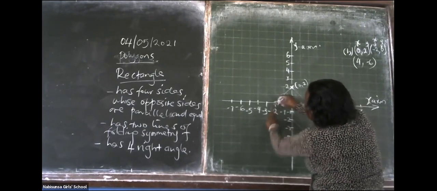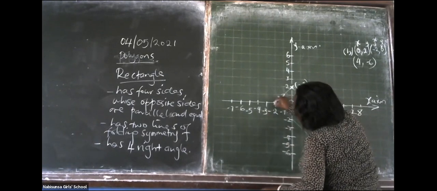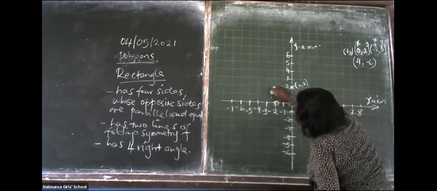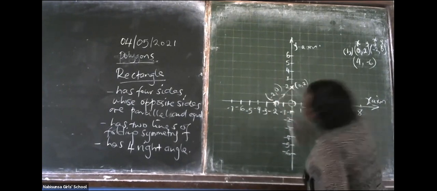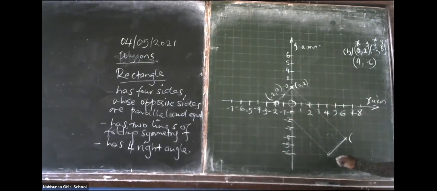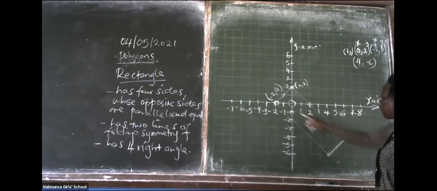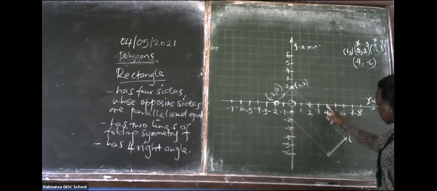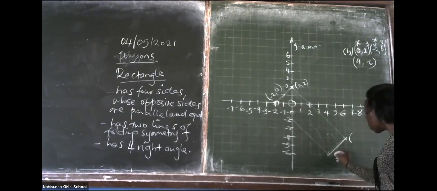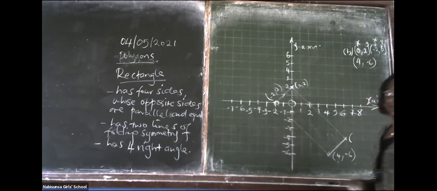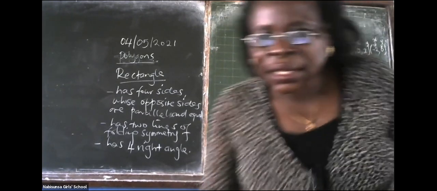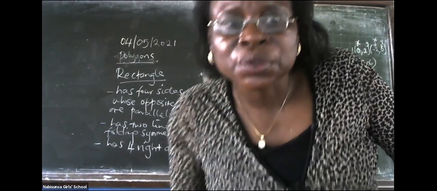So that means when we intersect, we find the point -2, 0. Then the other point was 4, -6. 4 on the x-axis and -6 on the y. So we have our point 4, -6. Is it answered? Yes. Good.